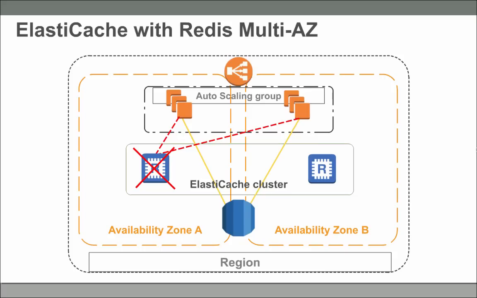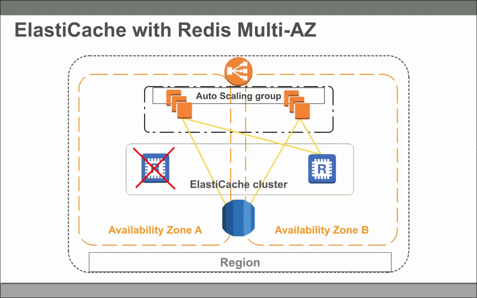So once a failover has happened, we will propagate the DNS endpoint so that now this persistent endpoint points at the new primary. The reason it's important is because with that, your application doesn't need to change. You don't need to update the endpoints in your application, as long as your application is writing to that persistent endpoint.